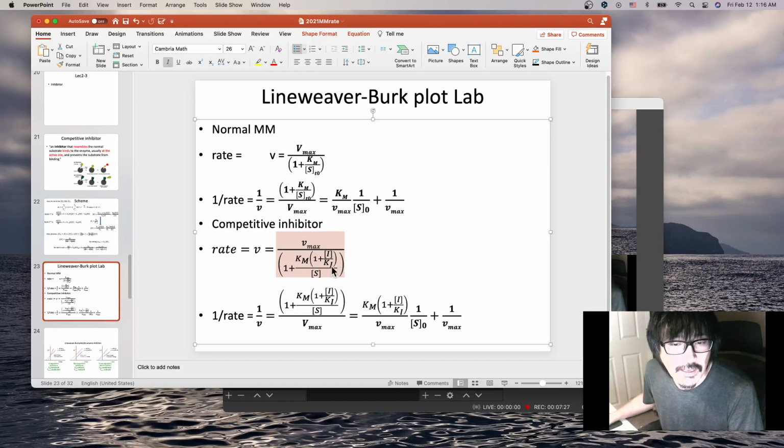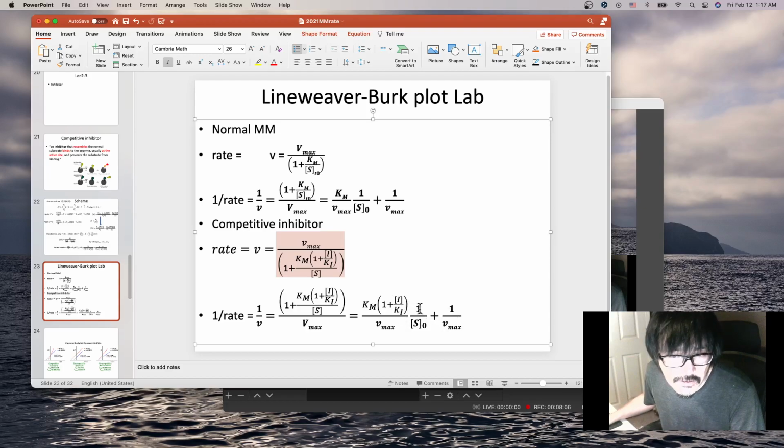Now, I'm gonna make the Lineweaver-Burk plot of this. Simply, I'm going to mimic the simple Michaelis-Menten case. When I was working with the Michaelis-Menten, I did the 1 over V, right? 1 over V is equal to AX plus B, right? So I'm gonna do the same stuff. 1 over V, it's gonna flip, and then that's gonna separate into two terms, this term and that term.